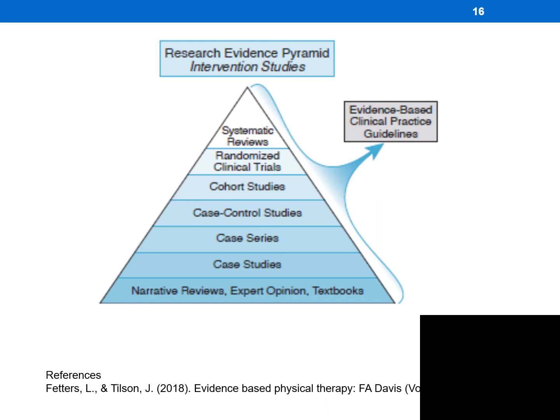Second will be the single randomized clinical trial, a single paper related to randomized clinical trials. Or you can go further lower, which is cohort studies, case control studies, case series, case studies, and also the narrative review or expert opinion or textbooks.